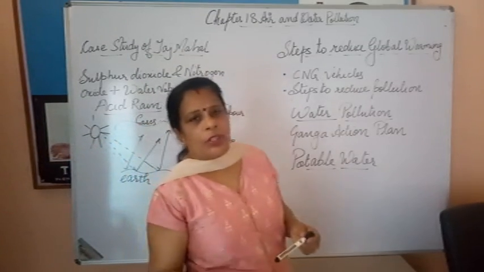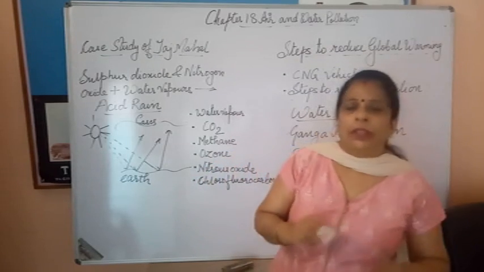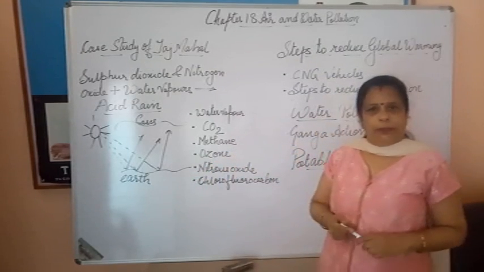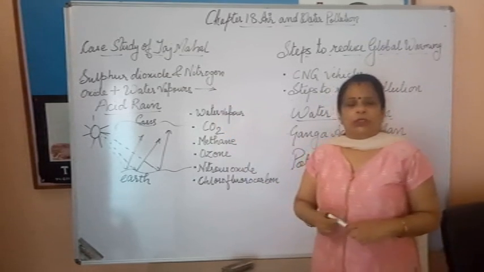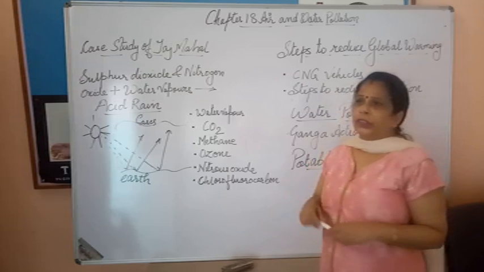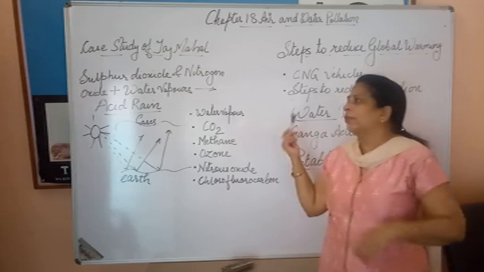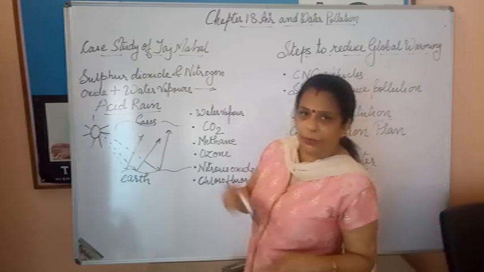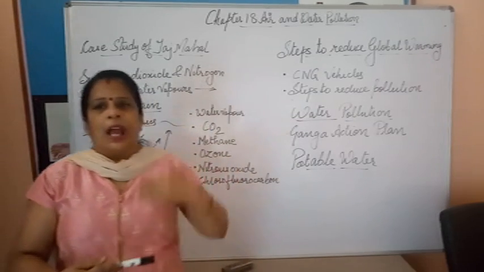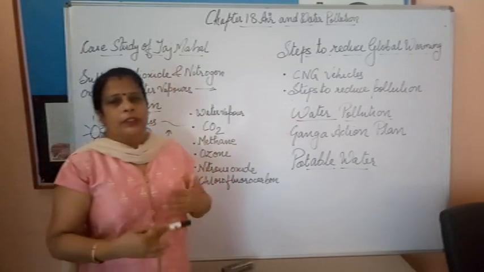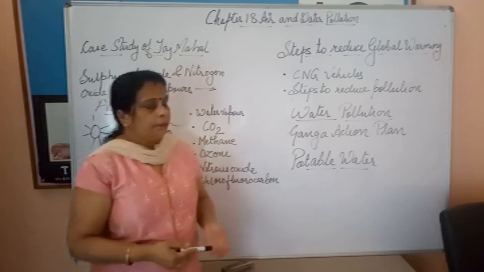So the corrosion of the iron out of which the bridges are made is also because of the acid rain. So what we see is that all the gases present in the atmosphere, like nitrogen oxide and sulfur oxide, when they react with the water vapors and the rain comes, it is in the form of acid rain.